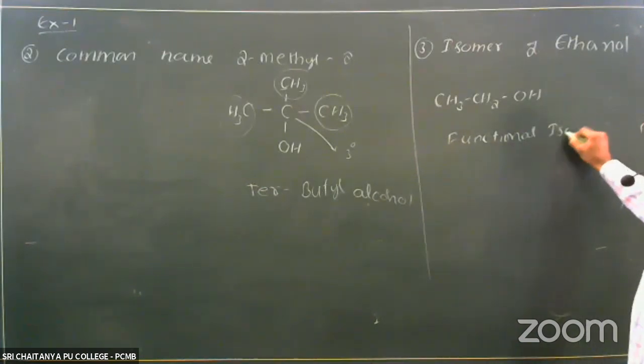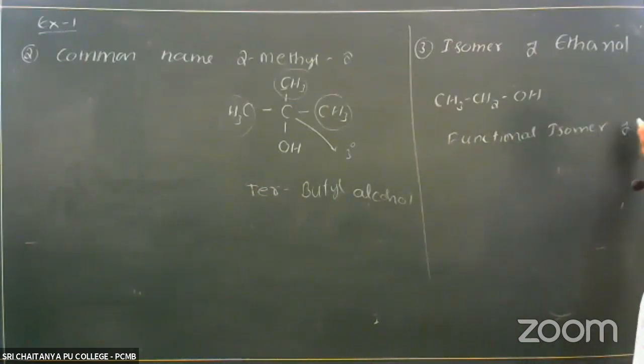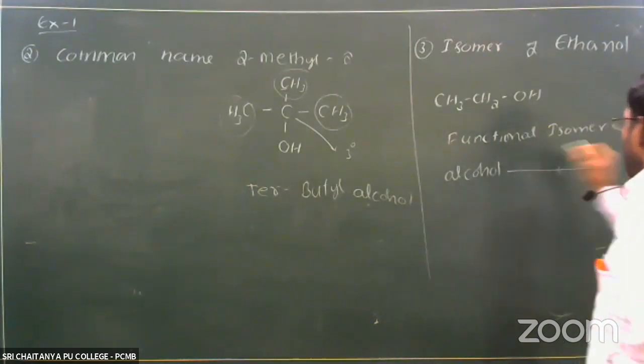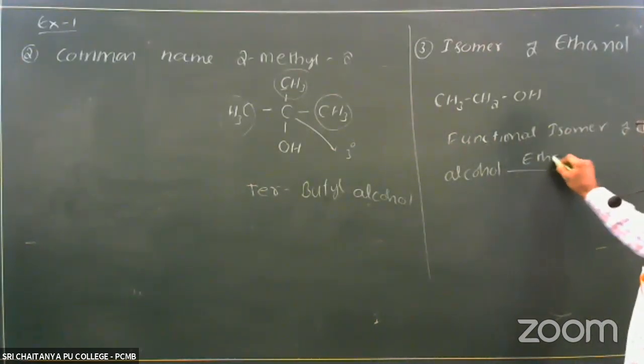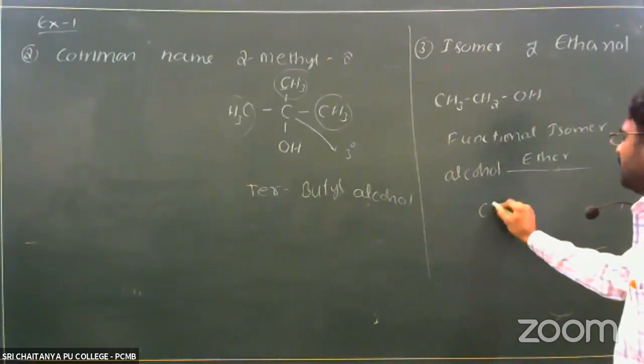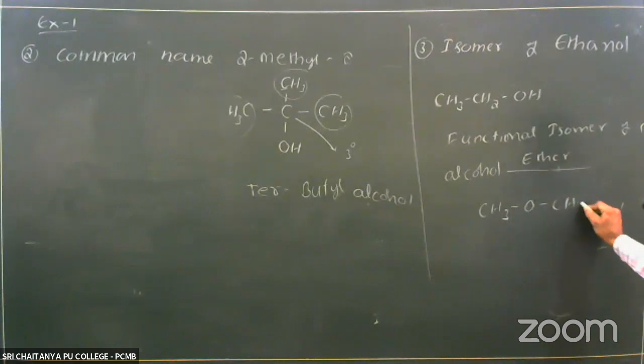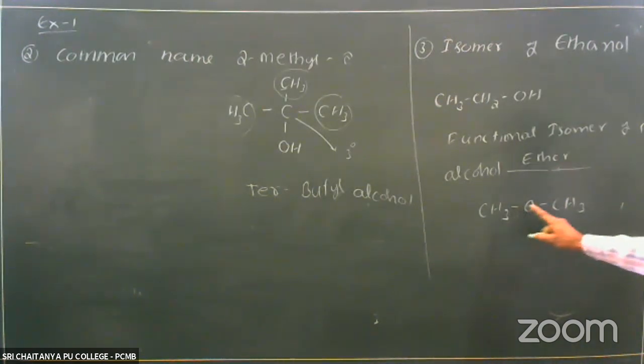The functional isomer of alcohol is ether. So write the possible ether with 2 carbons: CH3OCH3. The common name is dimethyl ether.